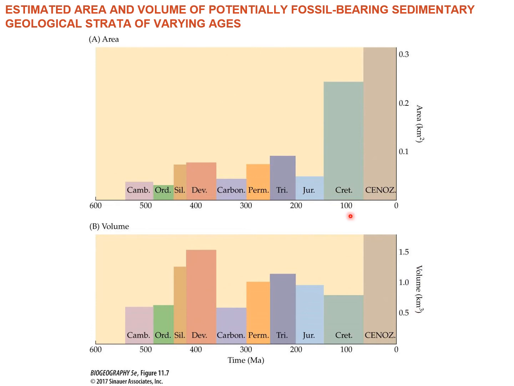So basically what this results in is fewer and fewer fossils from older times, which is what you would expect. The older something is, the more time it has to decay, and weathering and all those sorts of things that occur on the surface of the Earth take place, so those specimens just aren't as prevalent from far back in time. So we're limited in that way too when using fossil evidence.